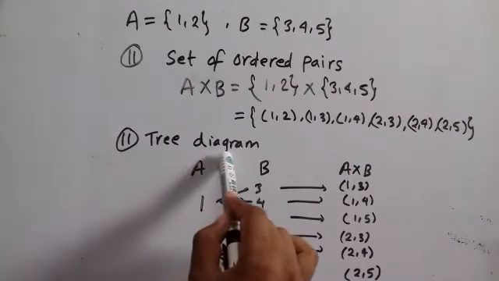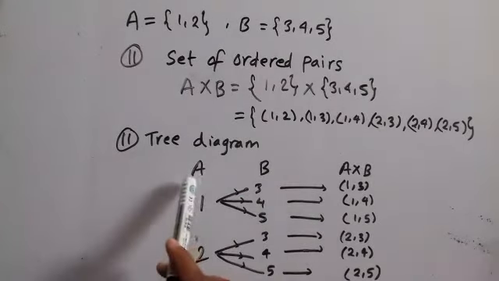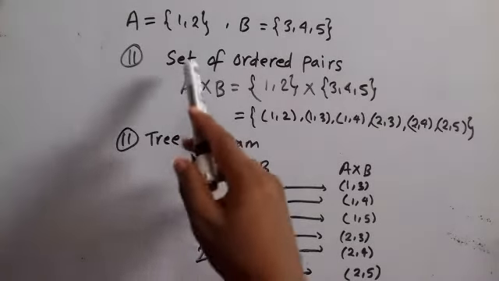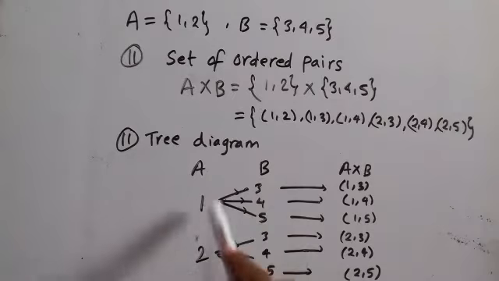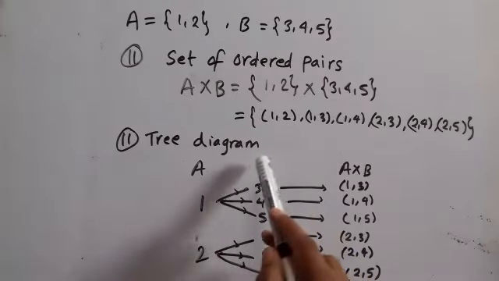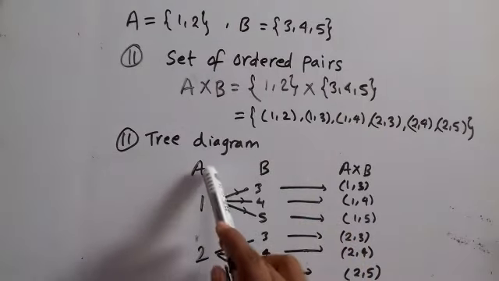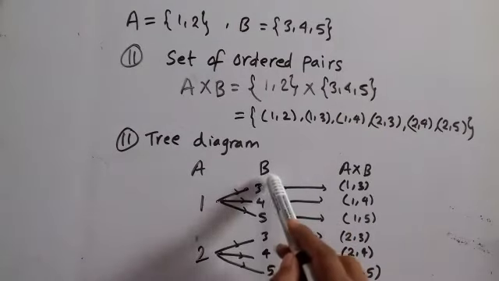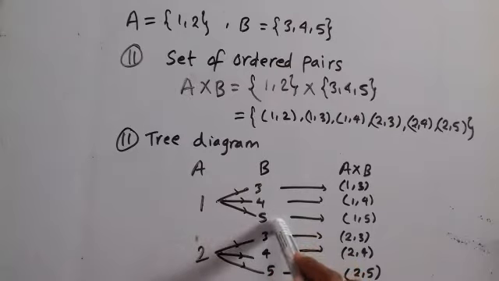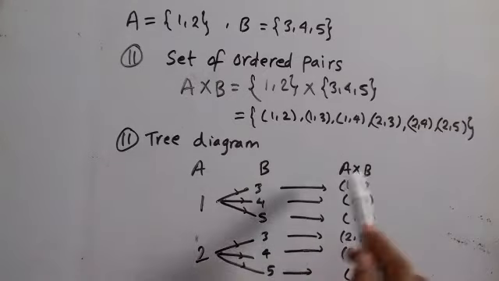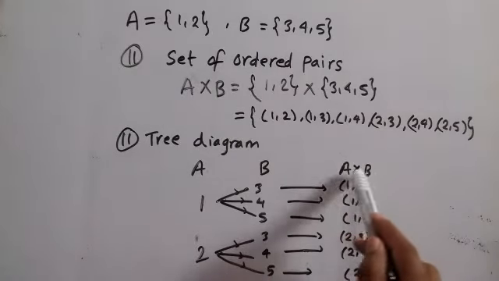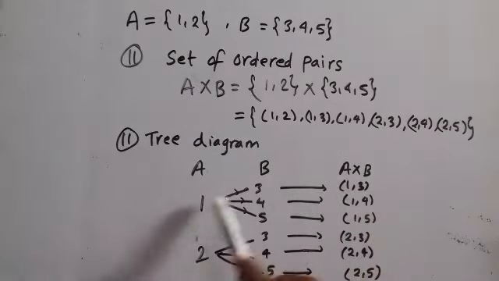Now in the form of tree diagram, we write elements of set A first like this, 1 and 2, and for every element of set A, we write all the elements of set B like this. Again for element 2 of first set A, we have written all the elements of set B here also. Then we have found here Cartesian product of A and B.